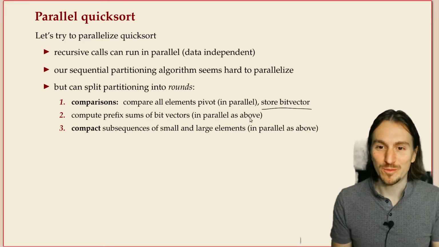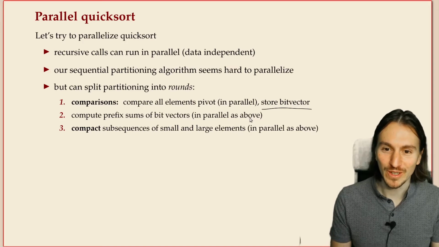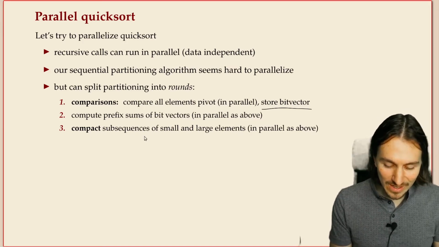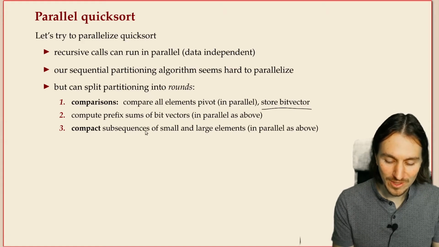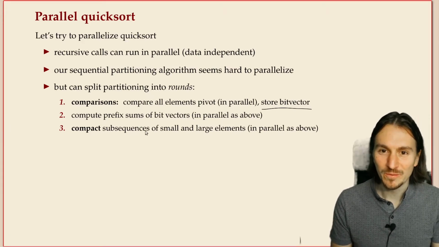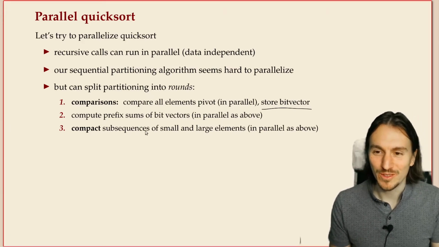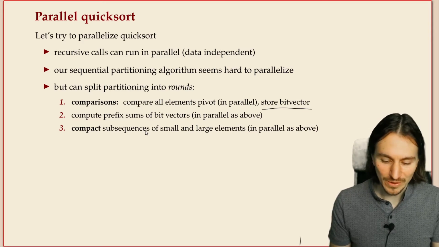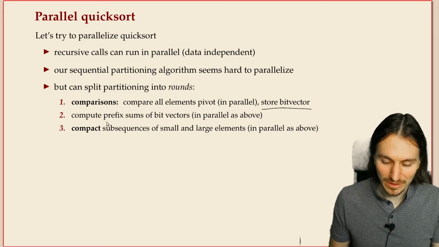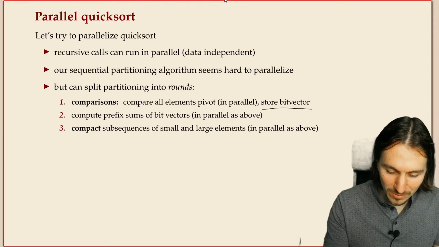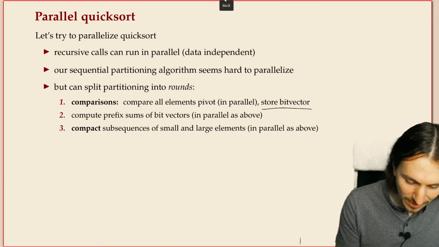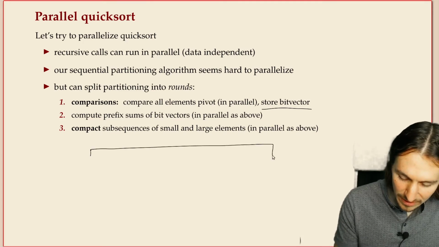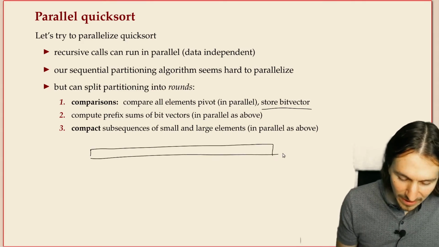You see how parallel prefix sums occur here over and over again. And as a last step, we compact the subsequences of small and large elements, again with the primitive we've just seen. So in total, that is what gives you a parallel partitioning method. Let's do a quick example here, maybe.